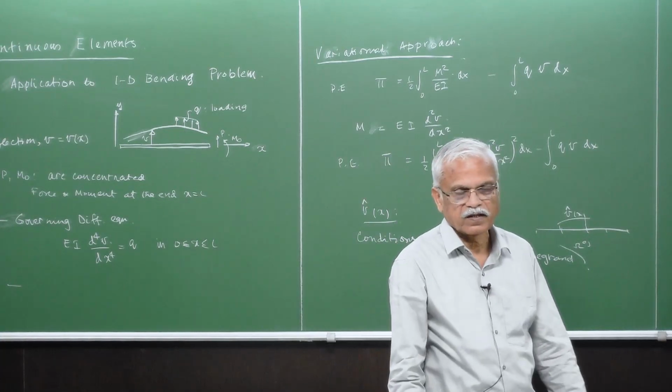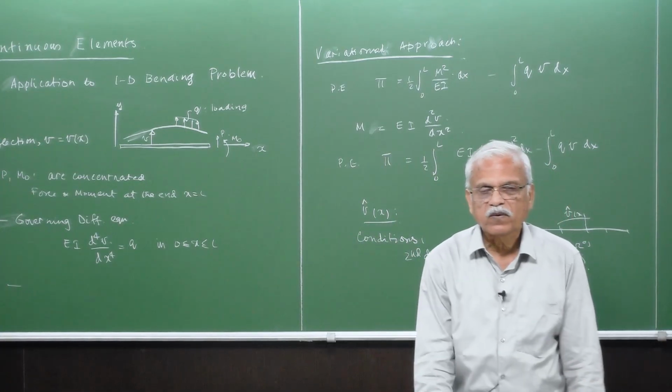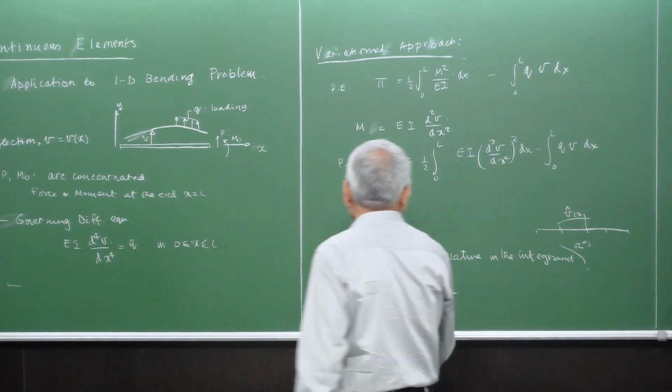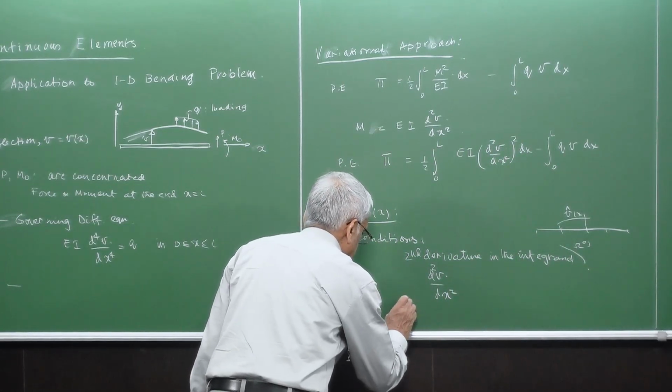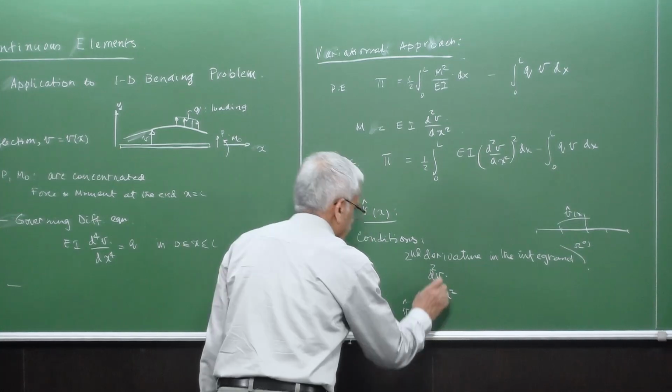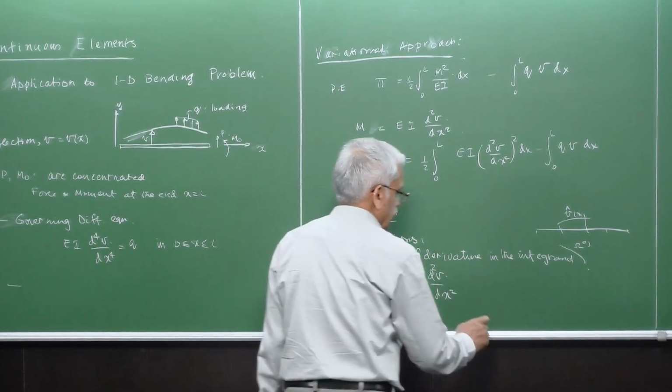If you have a second derivative, that means that your approximation v hat should have a non-zero continuous second derivative existing in the element.